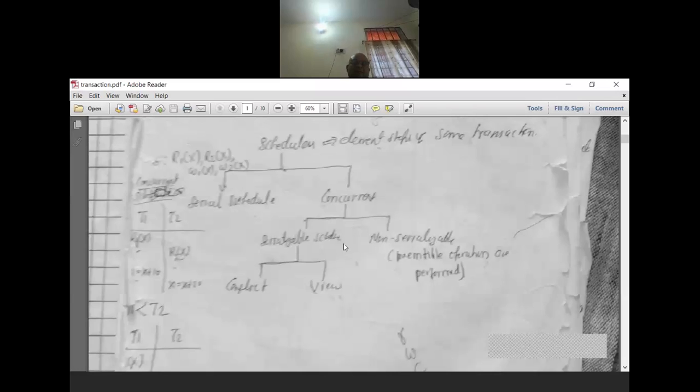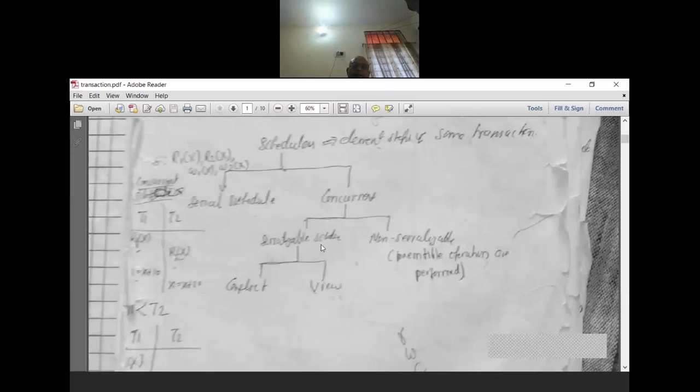Serializable schedule means the transactions are working in a parallel, concurrent way, but the answer comes the same as if they were working in serial fashion. The final output is the same from the concurrent schedule as from the serial schedule.